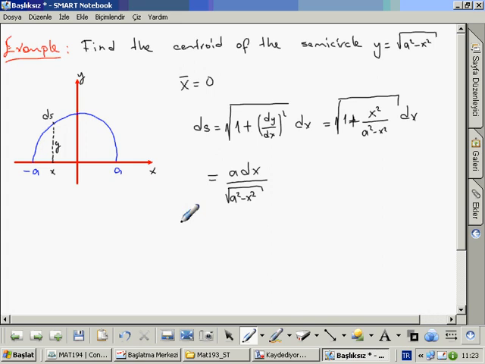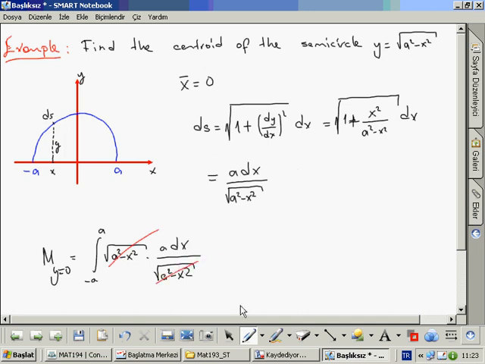And we know that y equals the square root of a squared minus x squared on the semicircle, so we will have M_y equals the integral from minus a to a of the square root of a squared minus x squared times a del x over the square root of a squared minus x squared.